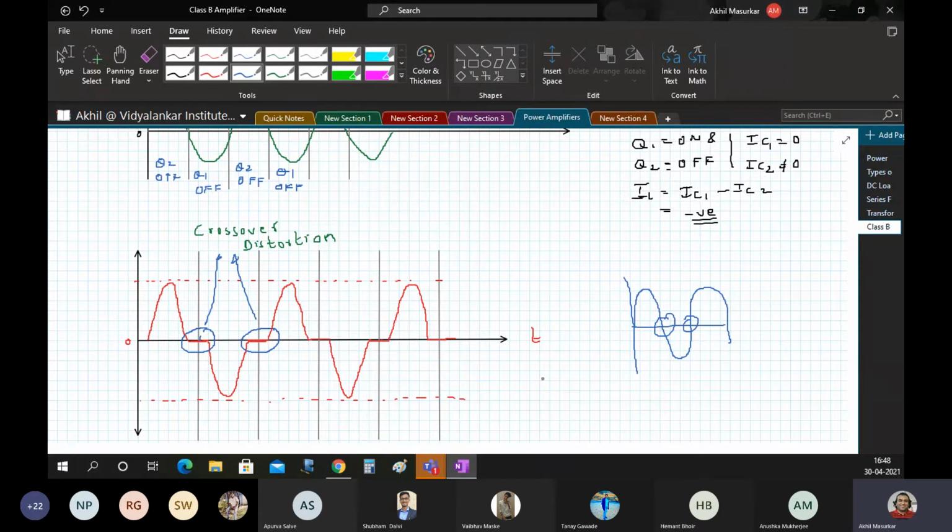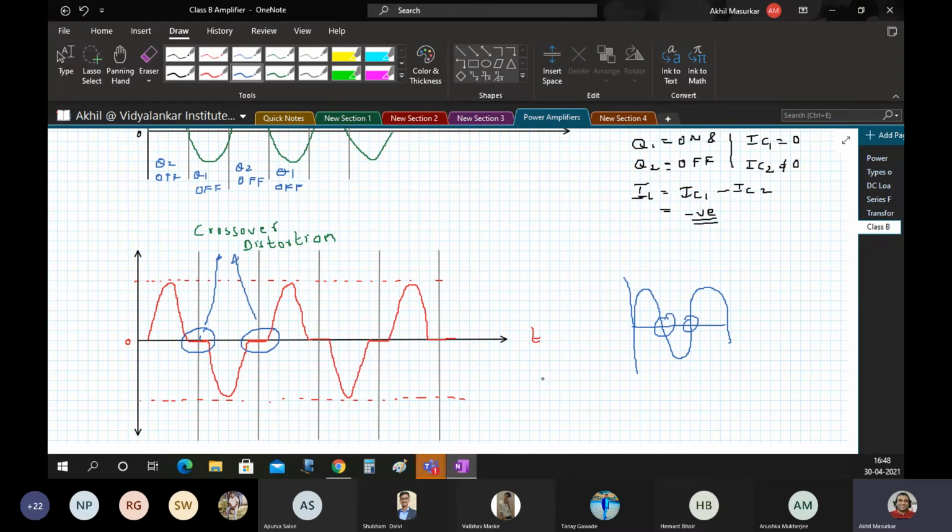Crossover distortion refers to the fact that during signal crossover from positive to negative or vice versa, there is some non-linearity in the output signal. Ideally we predict that the signal should be perfectly smooth, but it is not. So there is some non-linearity in the output signal at zero crossover.